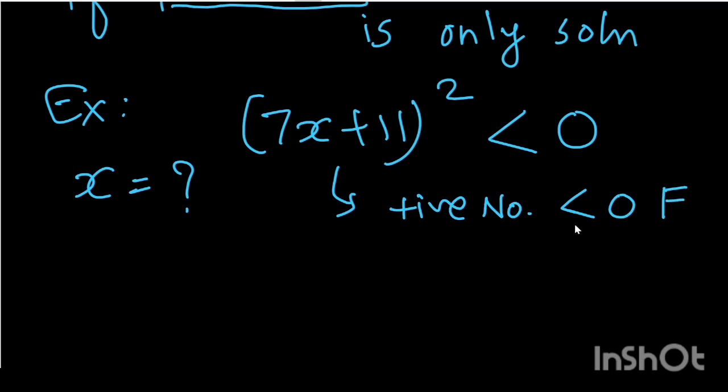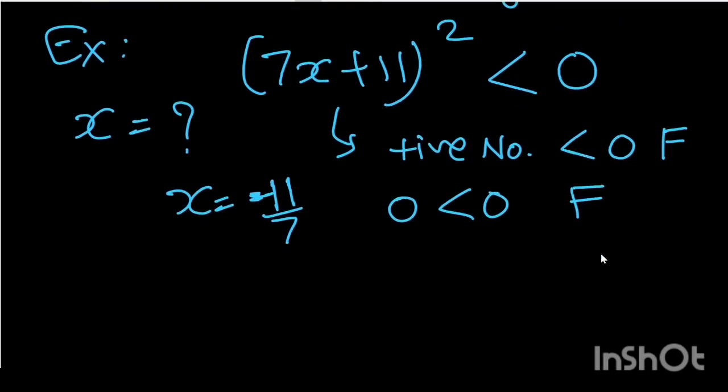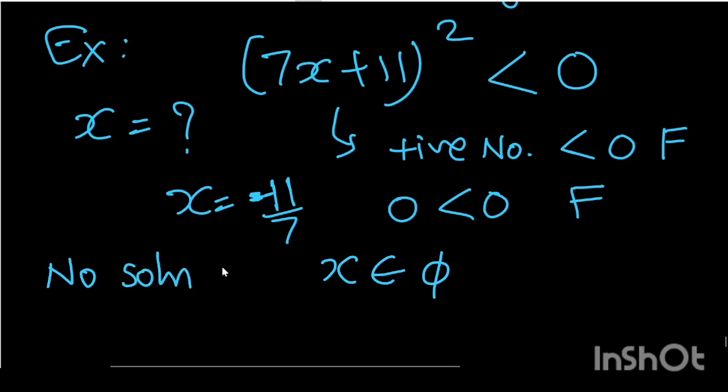So no value of x will satisfy this inequality, even if you substitute x equals minus 11 by 7, this becomes 0 less than 0, which is again false. So for this kind of inequality there is no solution, x belongs to phi, no solution, or it is inconsistent.